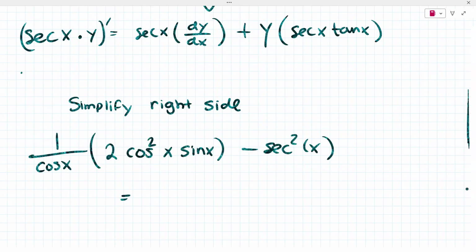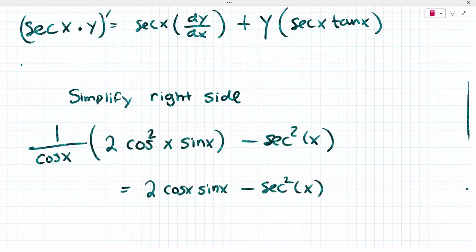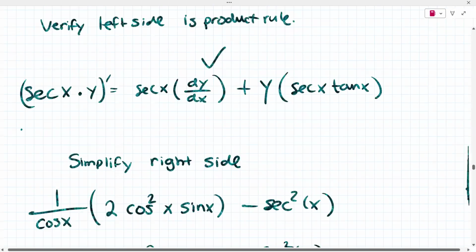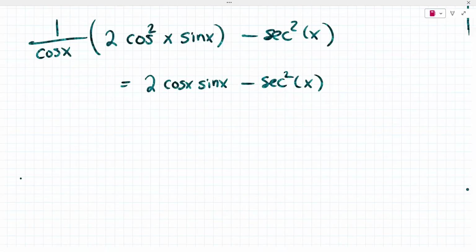So that simplifies as 2 cosine of x times sine of x minus secant square of x. Okay, so if you simplify and FOIL out the right side, this is what you get. So step 4, integrate both sides.